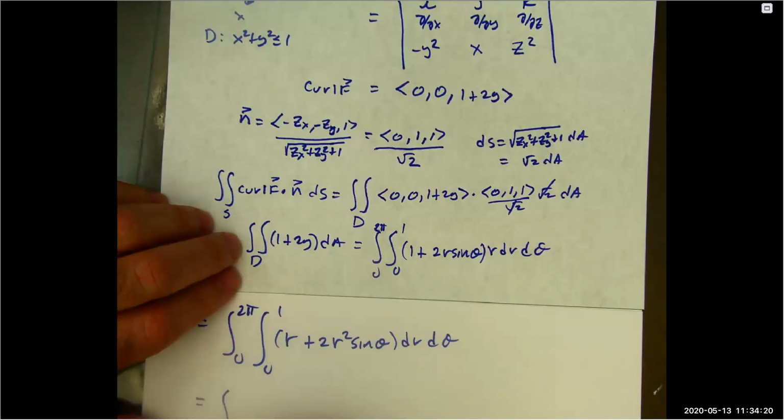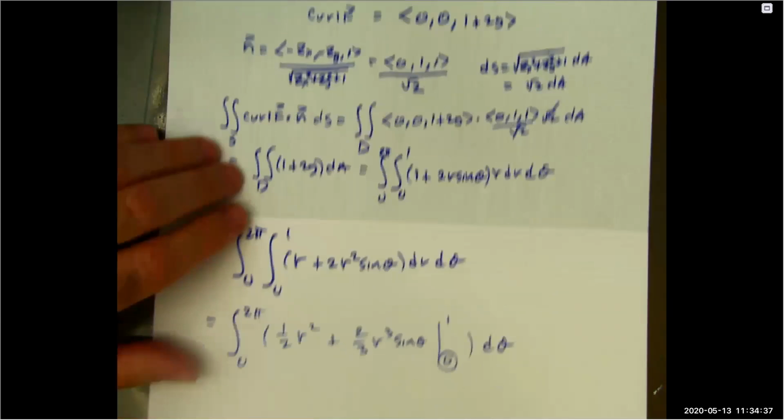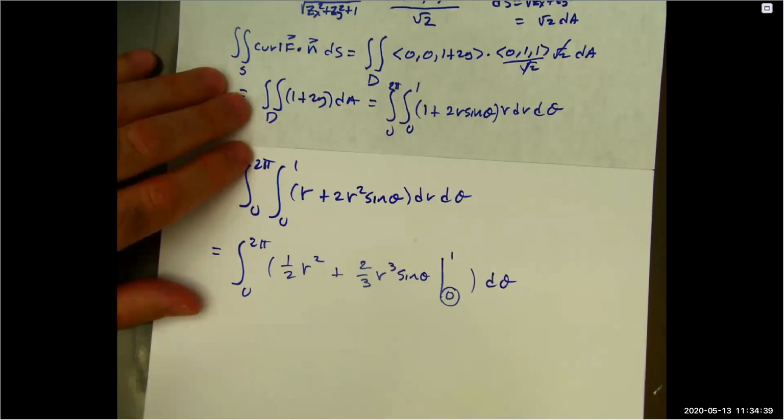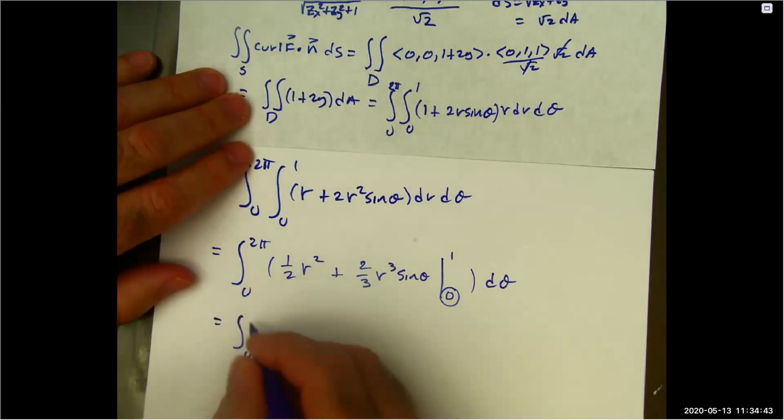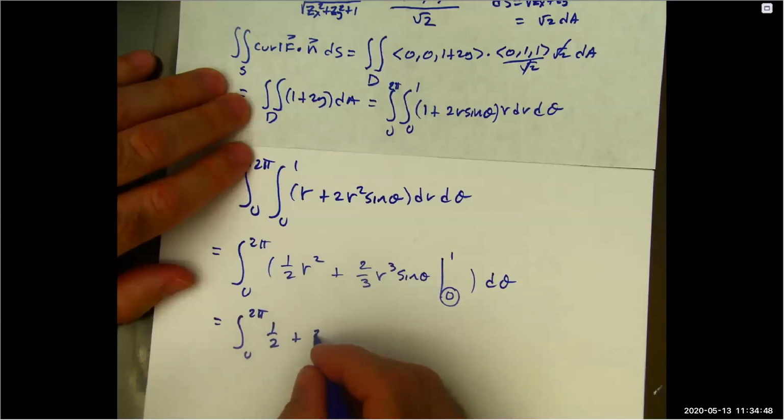So we'll have the integral from 0 to 2 pi of 1/2 r squared plus 2/3 r cubed sine theta from 0 to 1. Everything's going to be 0 at the lower limit. And then if we put in the 1, we're going to have the integral from 0 to 2 pi of 1/2 plus 2/3 sine theta.